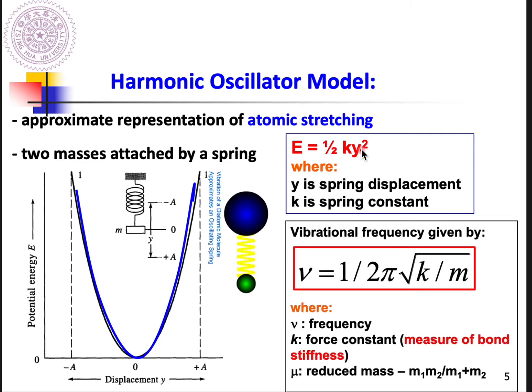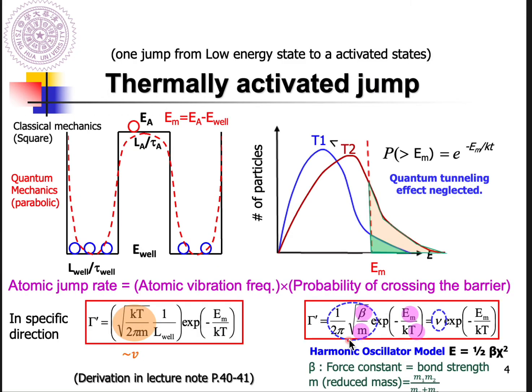Based on the derivation, you can get the vibration frequency, which is proportional to the square root of the spring constant, or force constant, divided by the reduced mass, which is correlated with the mass of these atoms. So we directly take these results and go back to the previous slide, and we get a modified atomic vibration frequency.